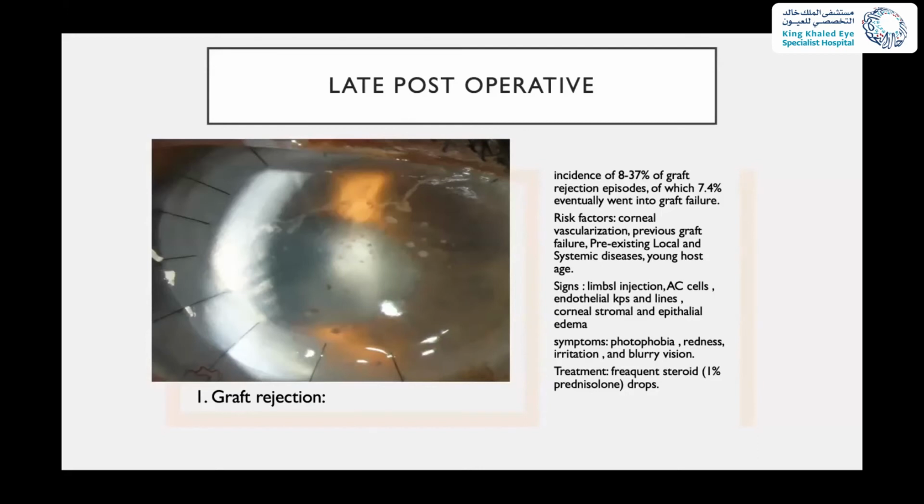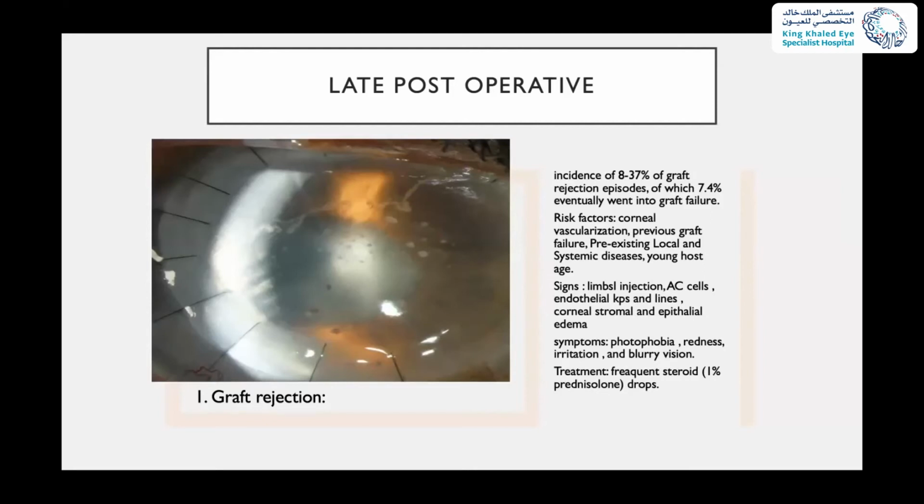Risk factors include corneal vascularization, especially if it is deep and occupying more than 2 quadrants of the cornea. Previous corneal graft failure will give almost 4 folds of probable failure in the second and subsequent grafting.